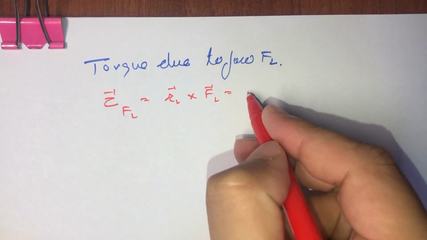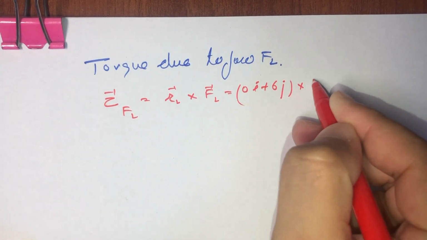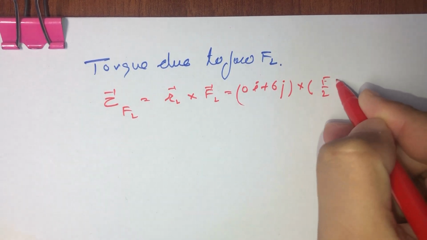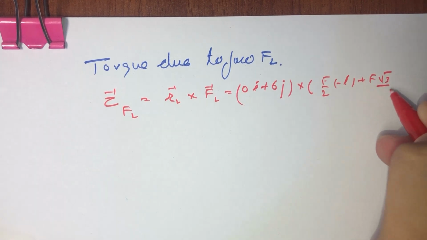Position vector R2 is our 0i plus 6j, cross product F2, which is F upon 2 minus i plus F square root of 3 divided by 2 minus j.